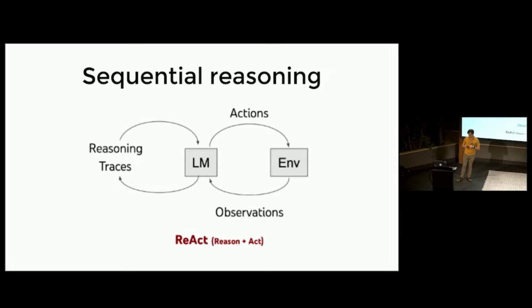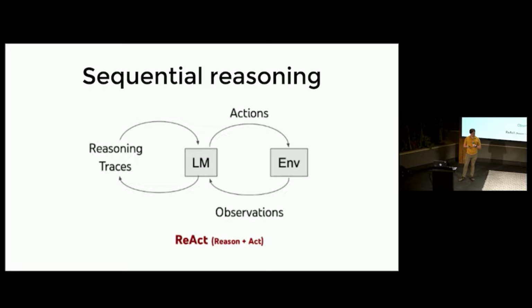The first is sequential. What this does is you generate your next step from your previous steps. It's sometimes known as chain of thought, and one of the most popular patterns here is called ReAct, not the web framework, but ReAct as in reasoning plus action. We already saw it demonstrated when I was showing you tool use.